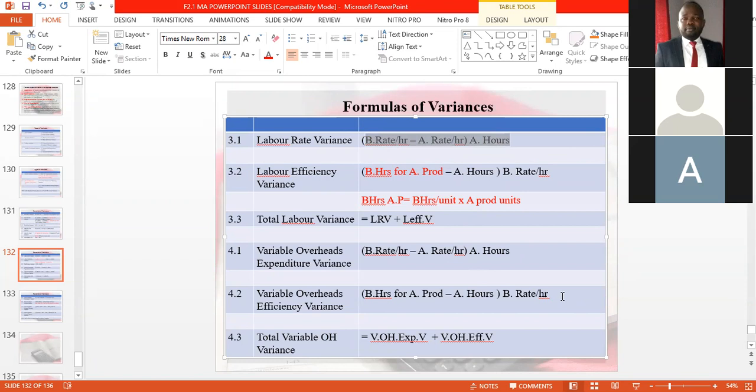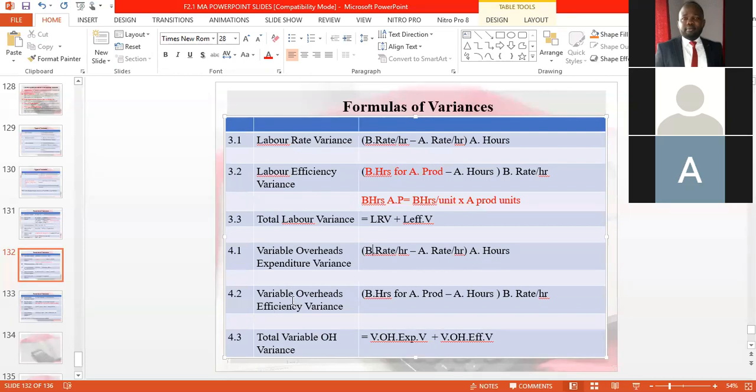So what is the formula for labor rate? Budgeted rate per hour minus actual rate per hour, times actual hours.